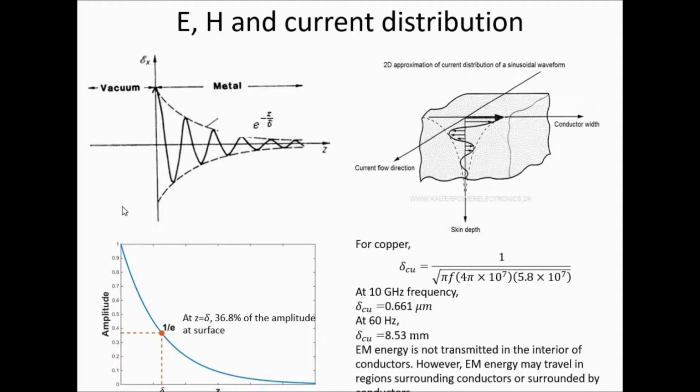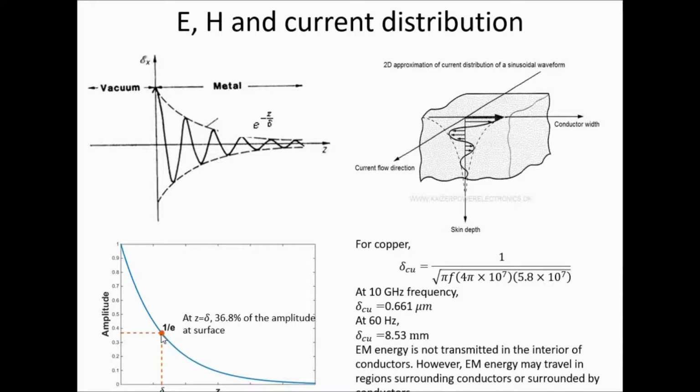If the incident wave has a magnitude of 1, then the magnitude will reduce to 36.8% of the initial value at a distance z equal to delta.